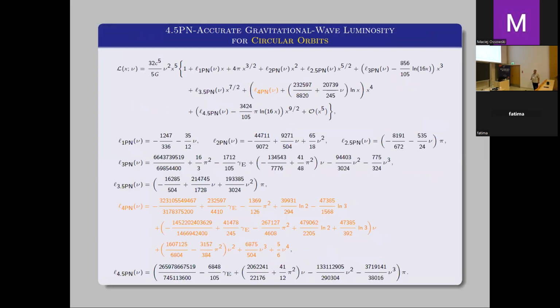This is the luminosity. The same story. This is a function of x and nu only. This is the Newtonian leading order luminosity. Then you have fractional corrections to it. Here we see that the situation is a bit more complicated because we have a polynomial in the square root of x, not only in integer powers of x, but the rest is the same. This is a very fresh result achieved by Blanchet's group and published in April this year.